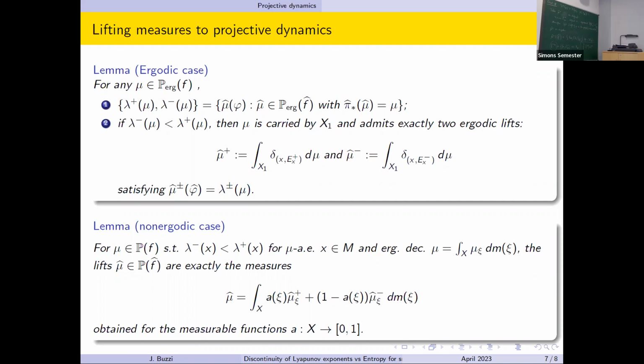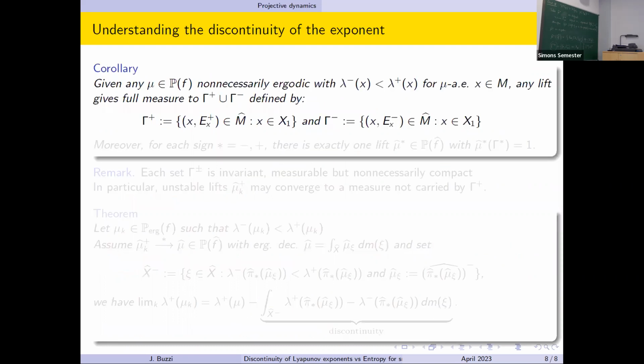Fortunately, I don't have the time to prove it. So this is what we said, and actually X1 is still X sharp. Any measure which has this property of distinct pointwise exponents almost everywhere, all its lifts live on the union of these two graphs, the stable and the unstable graph.